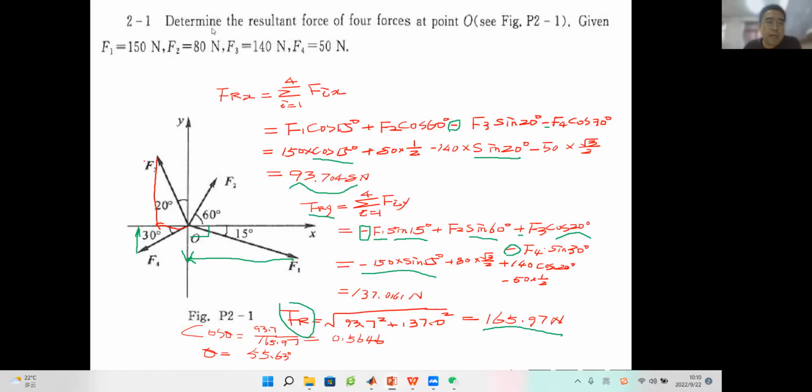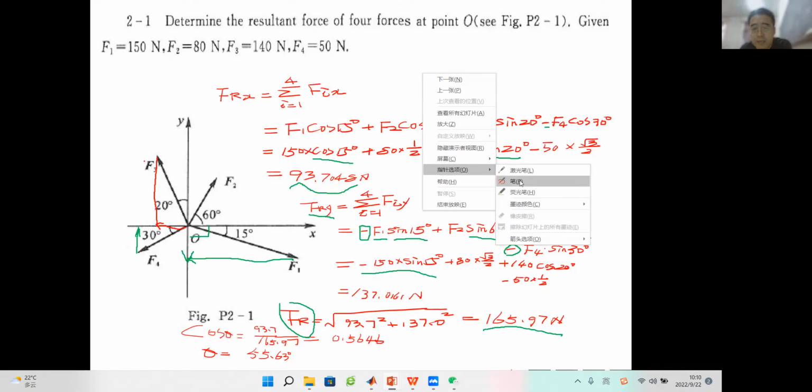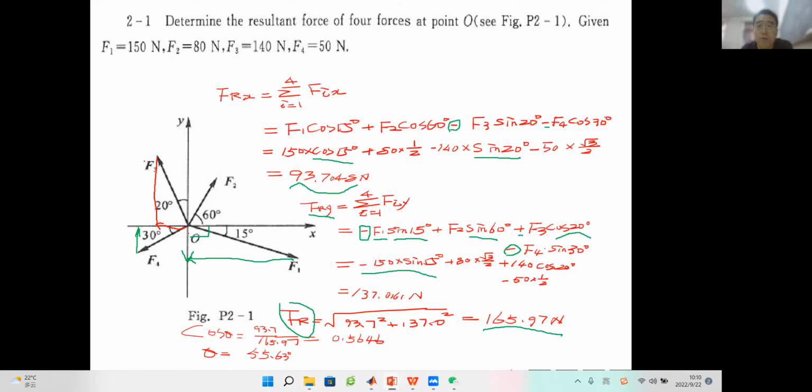It asks us to determine the resultant force of the four forces at point O. It gives the magnitude of each force, respectively F1, F2, F3, and F4.